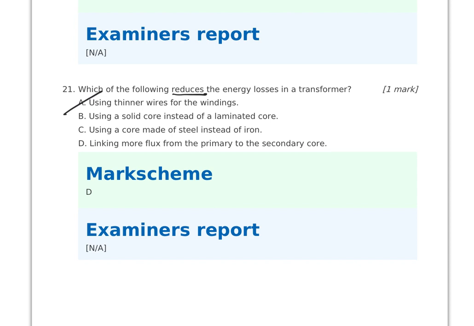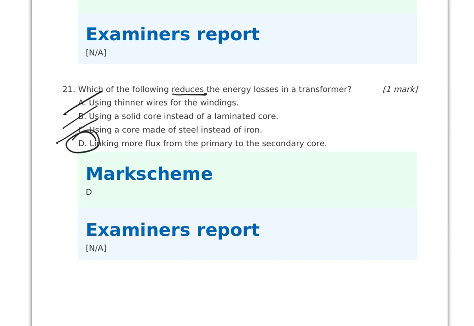A laminated core is better, although I don't know that that fact is necessarily testable. But I would want to use a laminated core instead of a solid core. Iron has more ferromagnetic property than steel does, so I would want to use a core of iron, not steel, and that leaves us with D.